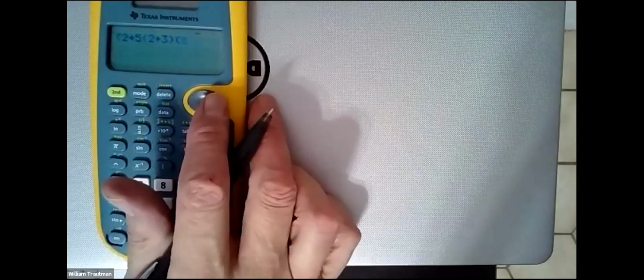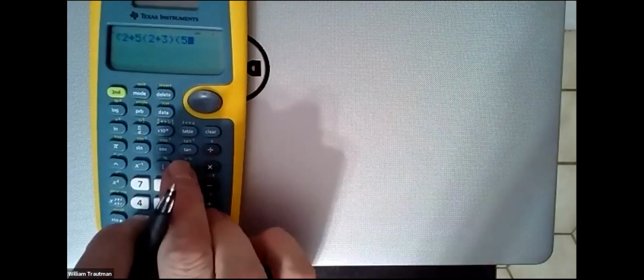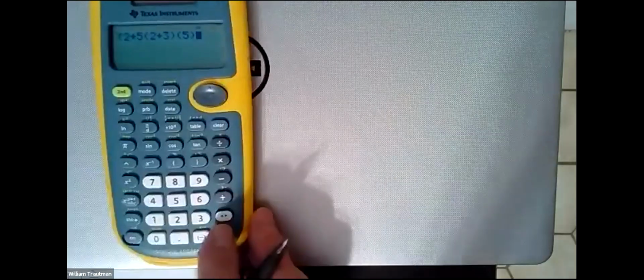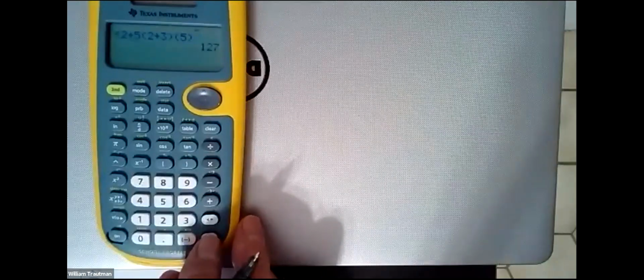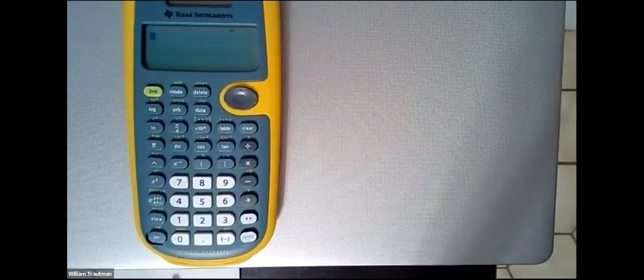I'm just seeing if I can get an error for the parentheses. That's not going to give me an error. Oh, let's see if it does. No, it doesn't give me an error. But if you get an error, then it'll say something like parentheses error.